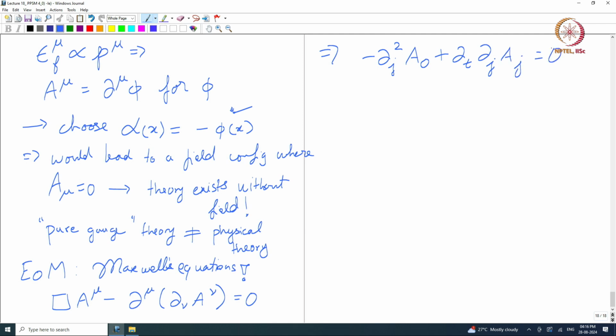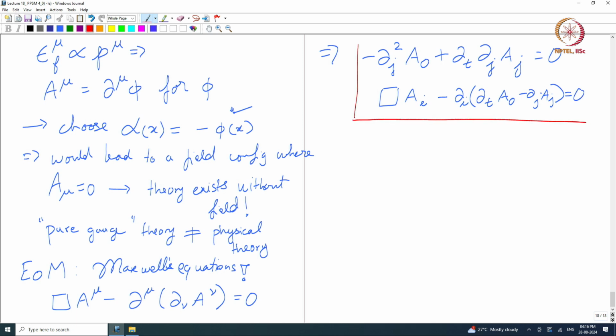Here is one, and here is one more involving another combination of spatial and time components. Okay, excellent.